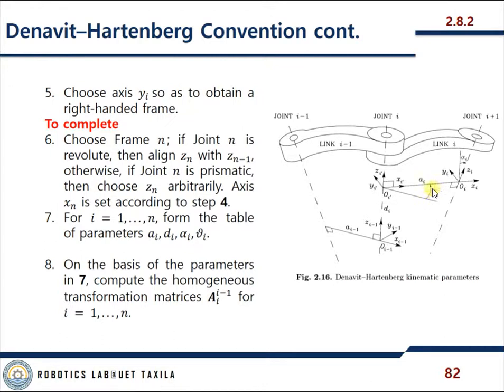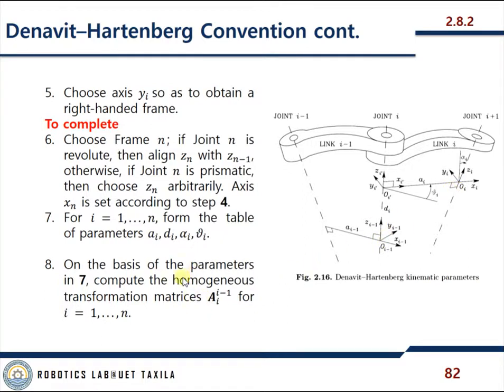Remember that this rotation is along zi-1, which is this one, and this rotation is along the x-axis, which is this one. And di is the distance if we move from this frame to this frame location, and ai is the distance if we move from this frame to this frame. So these are the two intermediate distances when moving between these two frames.